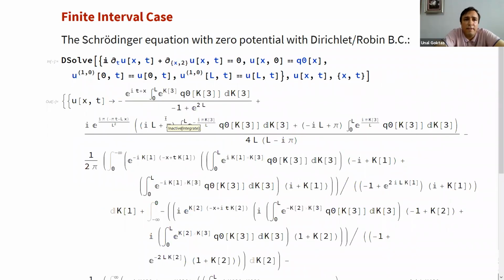So the last case is the finite interval case. So this time, again, we have the Schrödinger equation with zero potential, and we have Dirichlet and Robin conditions. So the method determines how many boundary conditions are required, and you need to provide so many boundary conditions in order to make this method work.